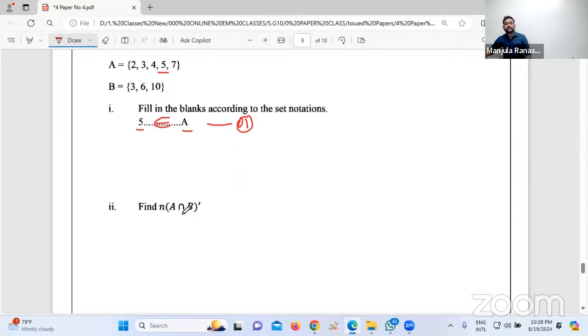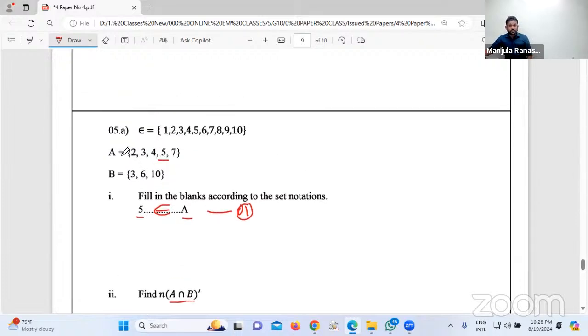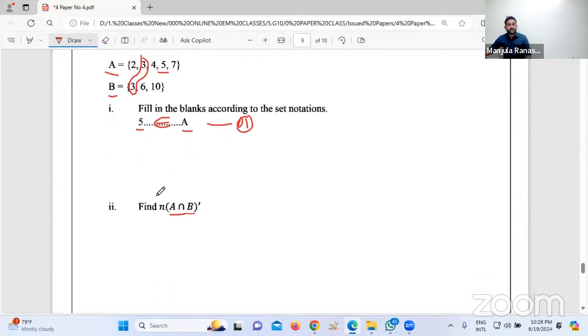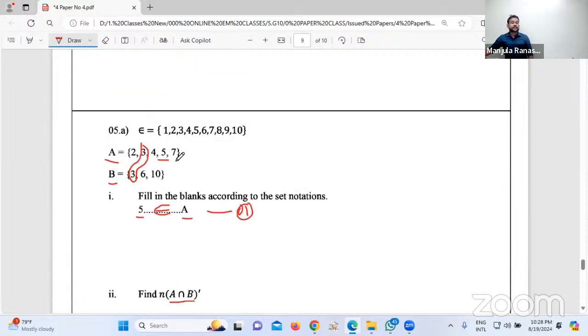Then find n of (A intersection B) complement. First, find A intersection B. Intersection means common elements of A and B. So you can see that in A and B, 3 is the common element. So how many elements in A intersection B? 1. So except that, how many elements?